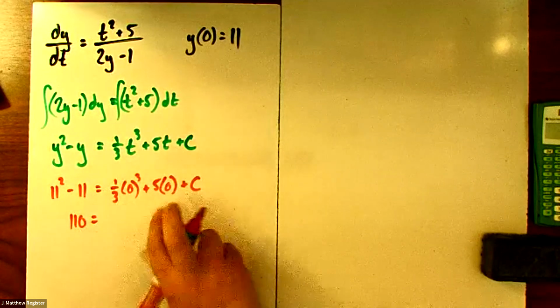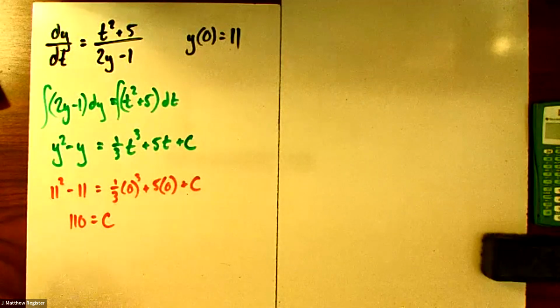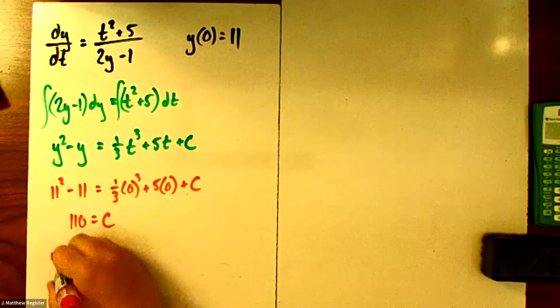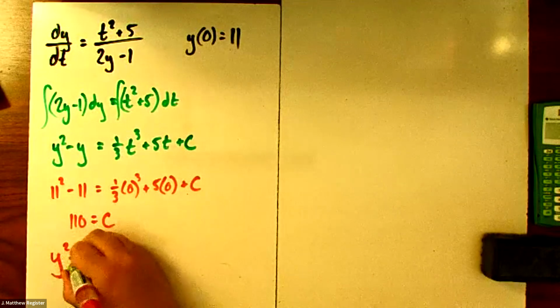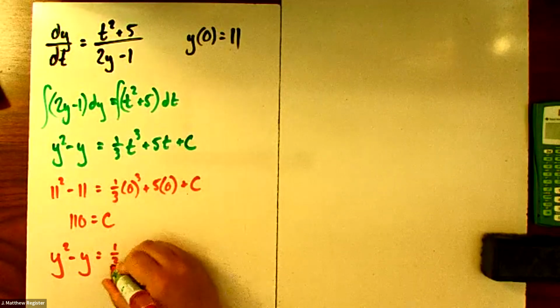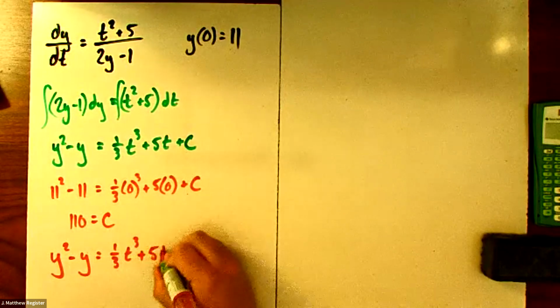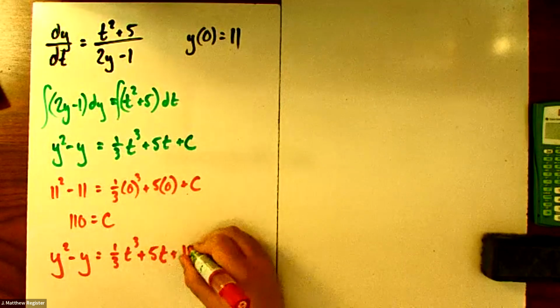And all of this goes to 0. And so we end up with a particular solution of y squared minus y is equal to 1/3 t cubed plus 5t plus 110.